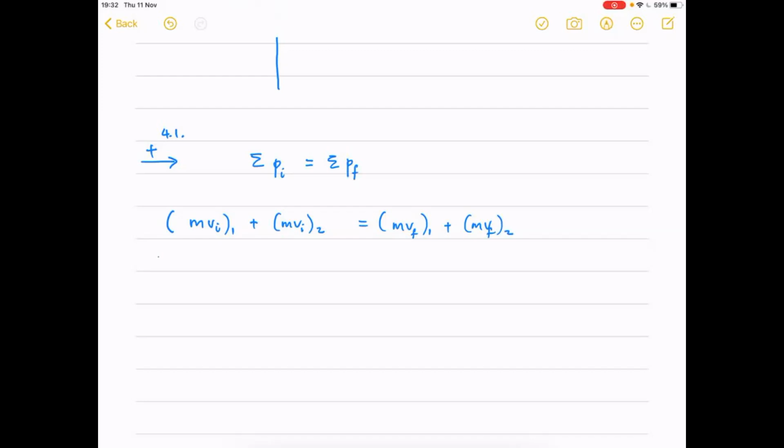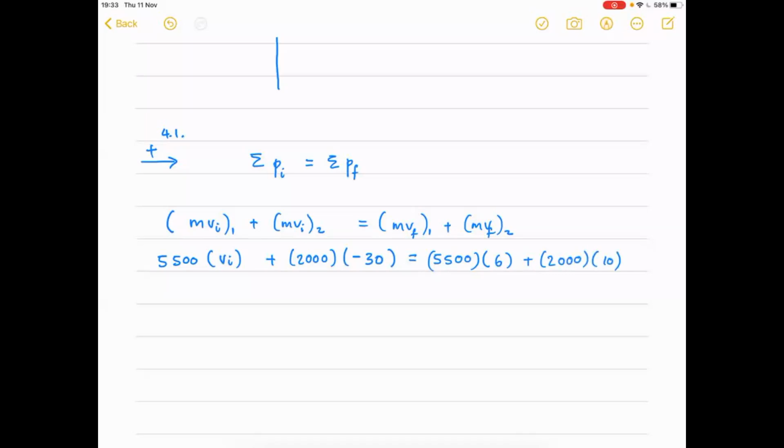Okay, so here we will have 5,500 times vi plus 2,000 times, now it's minus 30. Okay, so in these momentum equations, just be careful with the signs. And that's equal to 5,500 times 6 plus 2,000 times 10.